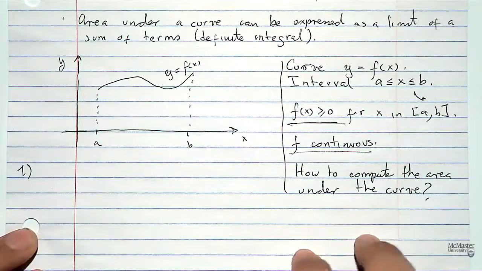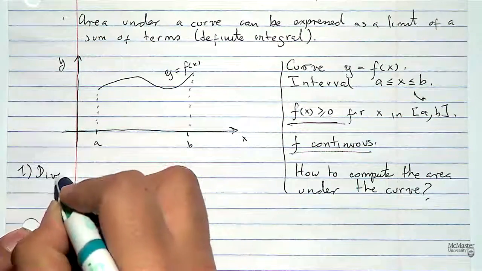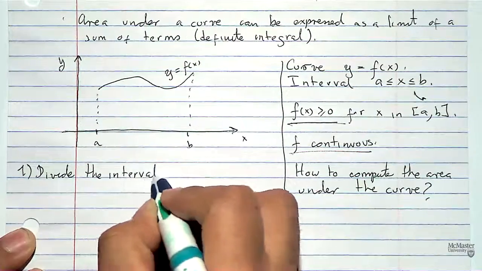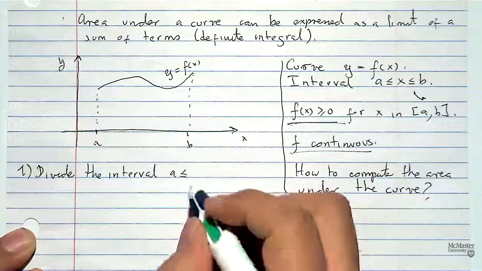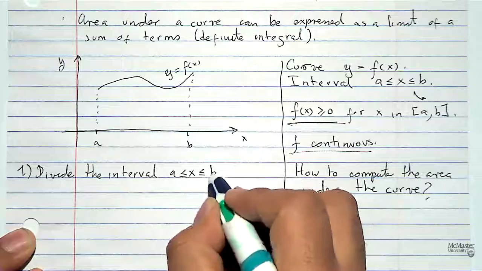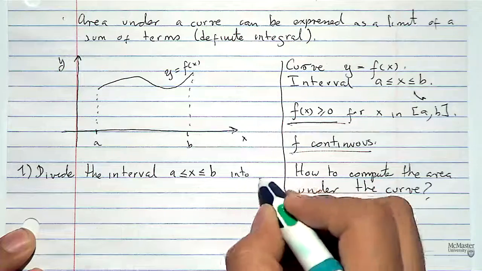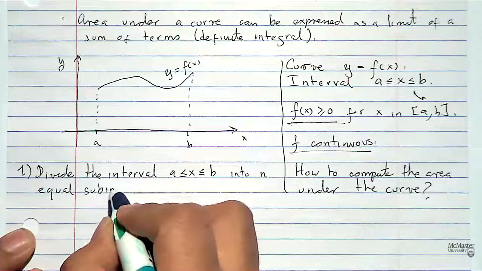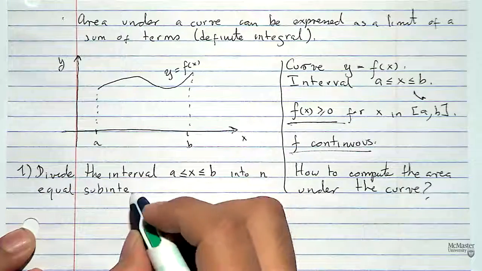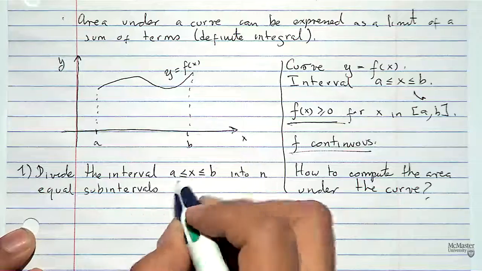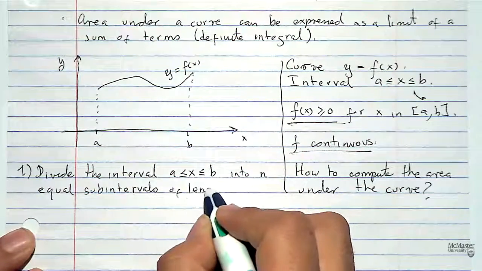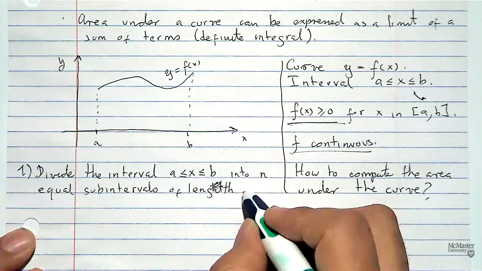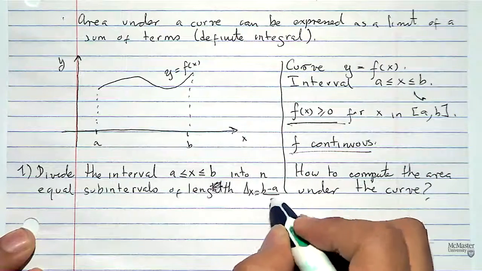And so step 1 is to divide the interval a less or equal to x less or equal to b into n equal subintervals, meaning of equal length or width, of length delta x equal to b minus a divided by n.